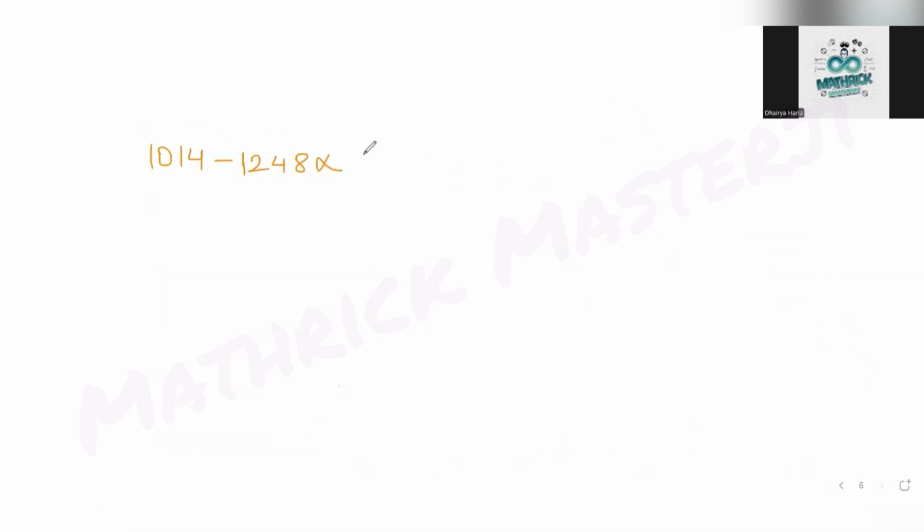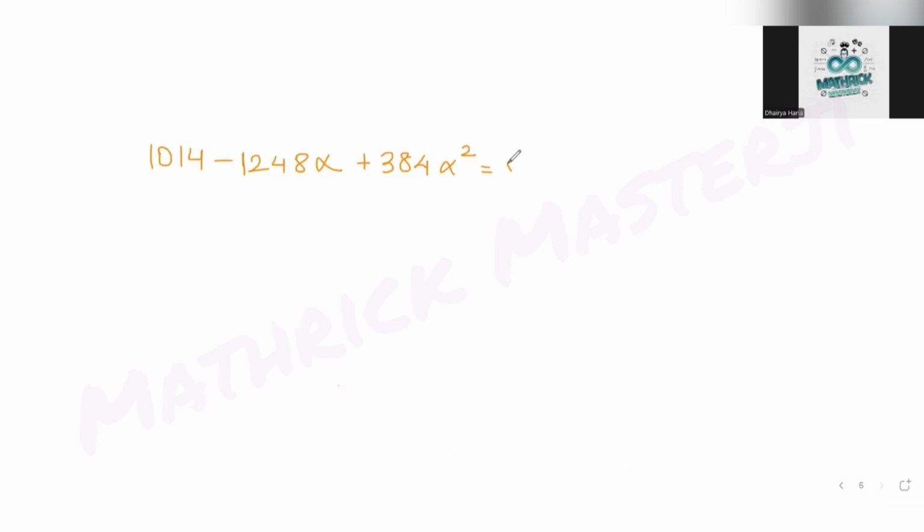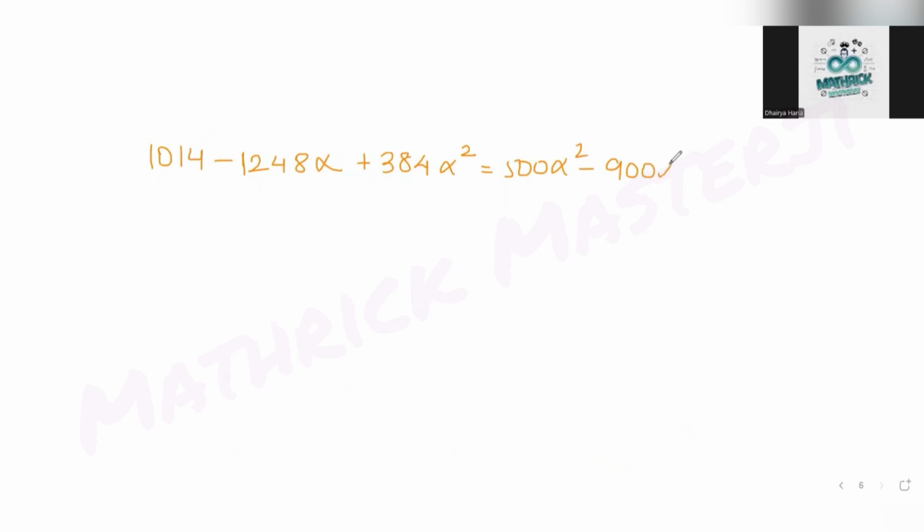So you get 384 alpha square. So we get this is equal to 500 alpha square minus 900 alpha plus 550. If I take everything on one side, let's take it there.